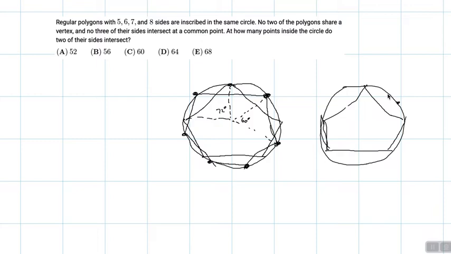So say the vertices are all here, so connecting these, this is inscribed too.